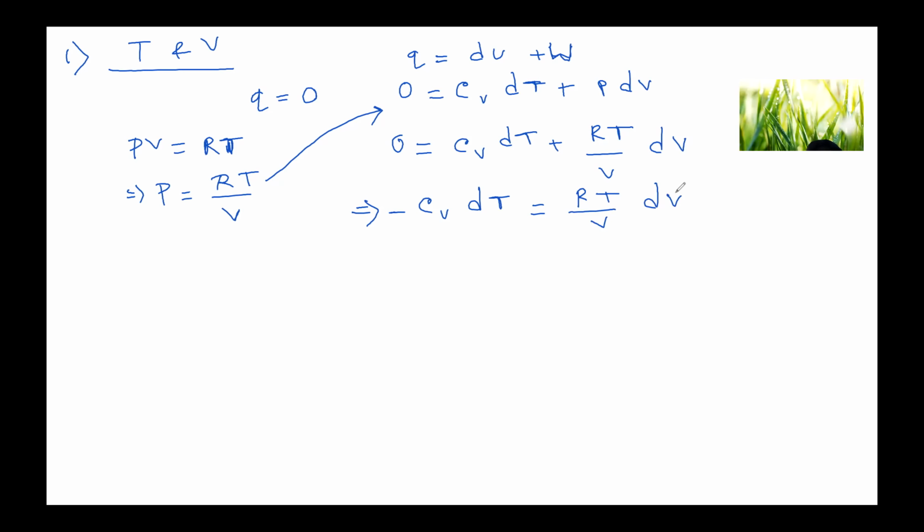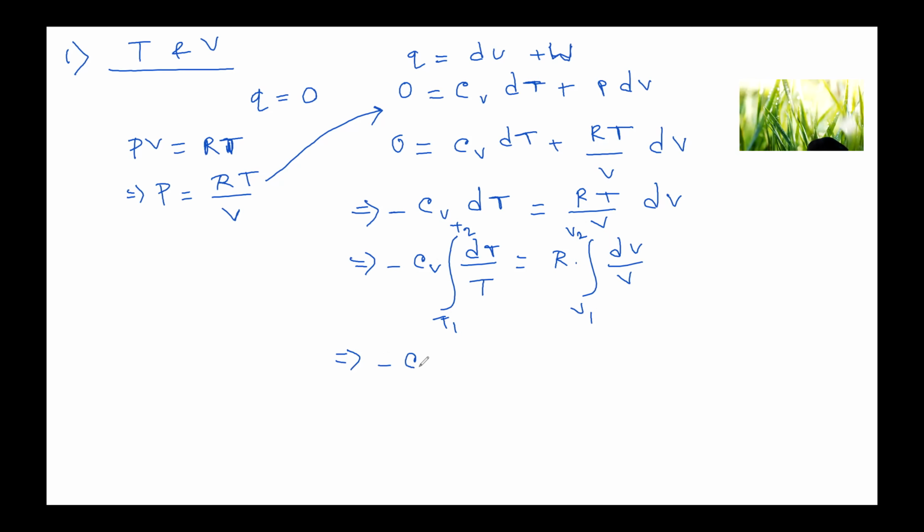Now let me integrate it. So I am putting Cv dT by T, keeping this T over here, and putting R dV by V. Now let's integrate on both sides, T1 to T2, and similarly V1 to V2. So what will be this integration?